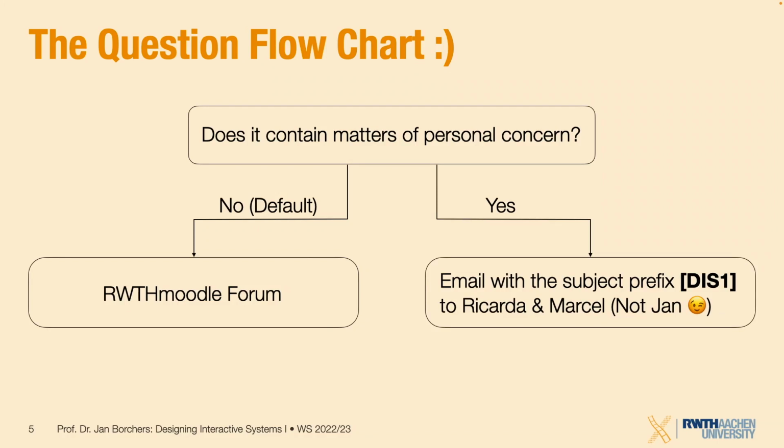Put the prefix DIS1 in front of it so that Marcel and Ricardo can filter for these things quickly, and that will take care of any personal questions. Now, it doesn't usually happen, but if you do have something you can't work out with Marcel and Ricardo, they're really nice people though, but if there's anything, of course, feel free to reach out to me.